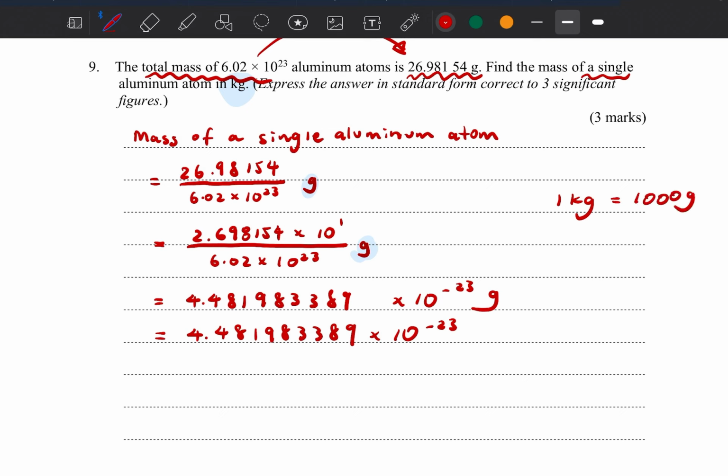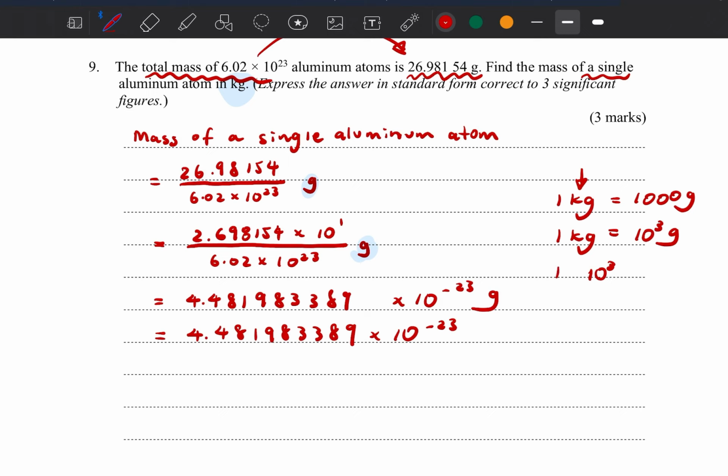If you forgot, 1 kg equals 1000 grams, so 1 kg equals 10 to the power of 3 grams. But now I'm changing gram to kg, so you have to think of it differently. I don't know if you know, k always means 10 to the power of 3.